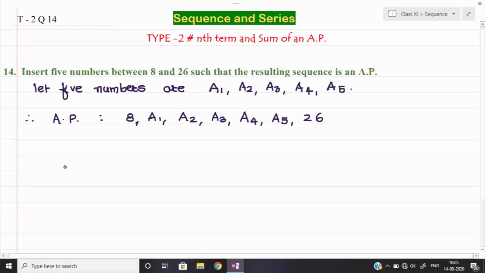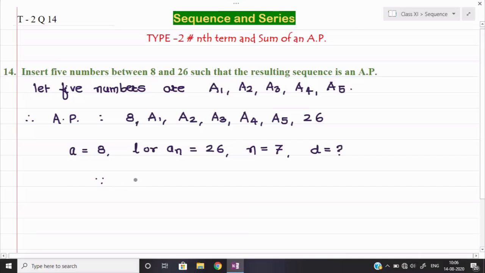If this is an AP, the first term is 8, and the last term, or the nth term, an is equal to 26. The total number of terms, if you count, is 7: 5 unknown terms and 2 known terms. So the value of n is 7. Now we don't have the main value, that is d, the common difference. So for that we shall use one formula.